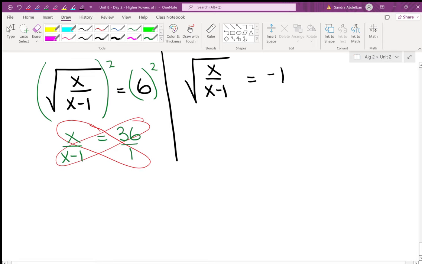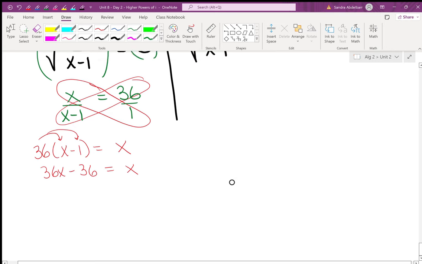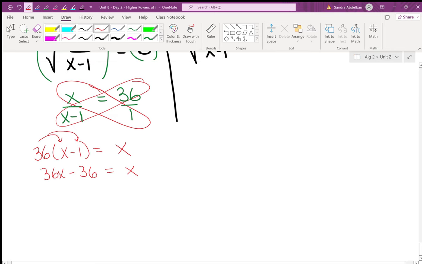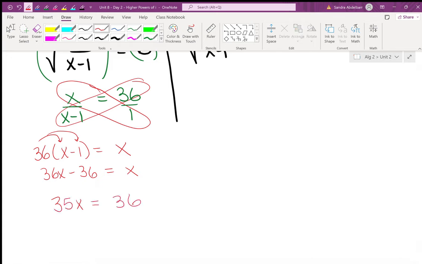So then we're going to end up with 36 times the quantity x minus 1 equals x. Distribute in. So 36x minus 36 equals x. I'll subtract the x and move the 36 over to keep it all positive. So we'll have 35x equals 36. So x will equal 36 over 35. That's 1.